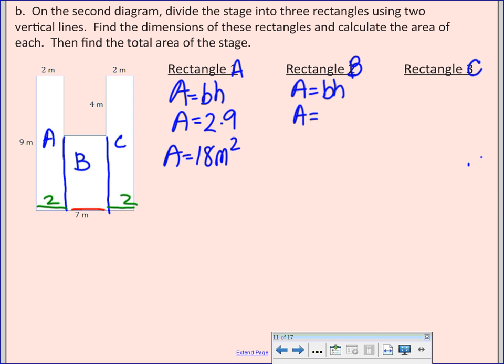If 2 plus what plus 2 equals 7? The base is 3 meters. And what's the height? 5. And rectangle C, what's my base and my height?